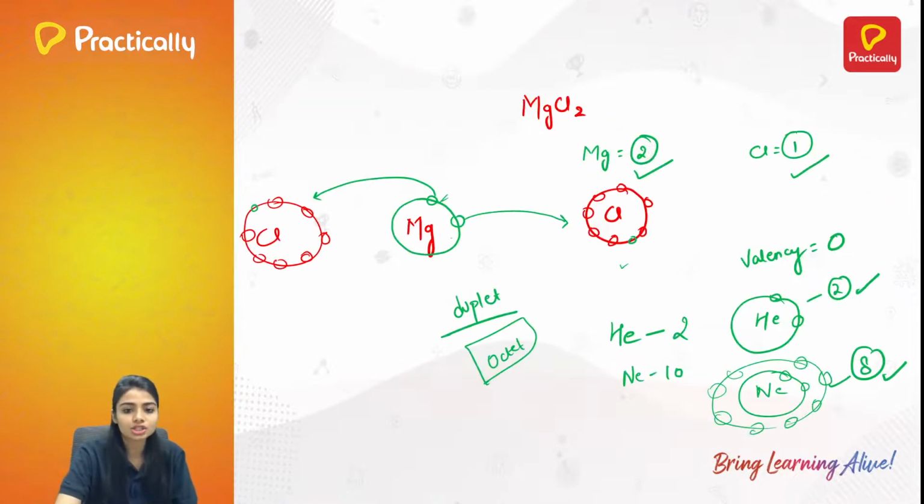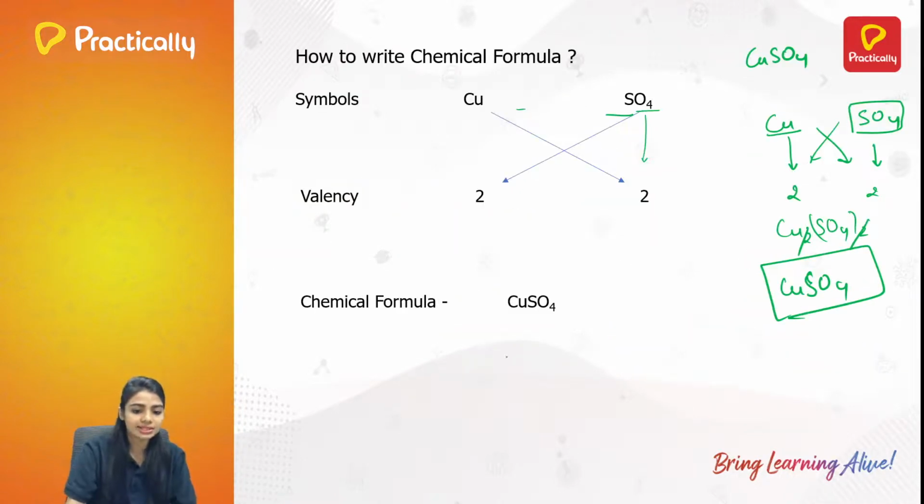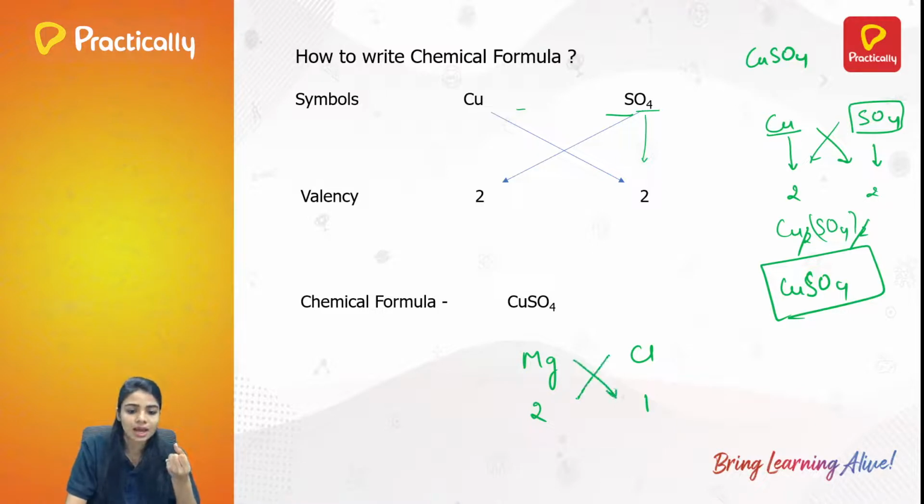What about magnesium chloride? Why is it MgCl2? For magnesium and chlorine, the valency of magnesium is 2. Chlorine is 1. Cross multiply it. You will get MgCl2. Okay. What about sodium chloride, NaCl? Sodium has valency 1.